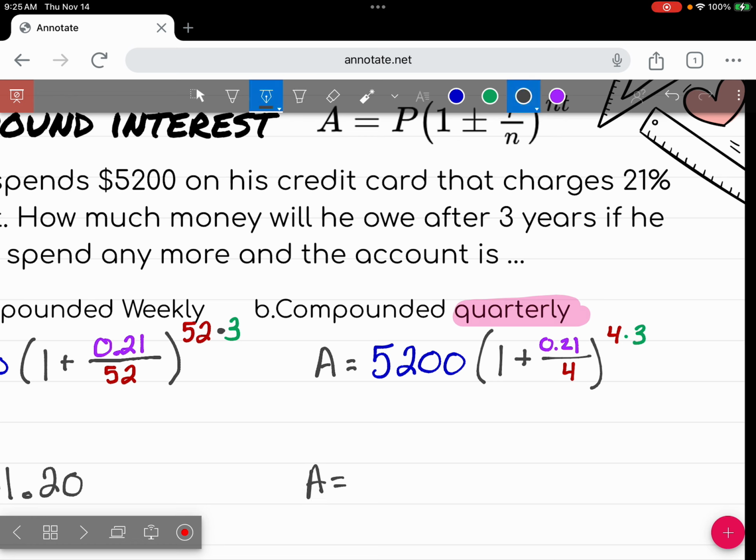So how much is he going to owe if he compounds the interest quarterly? $9,108.79. It barely changed. What's more important for our credit card rates is the interest rate, not the compounding factor. The interest rate makes the bigger difference.